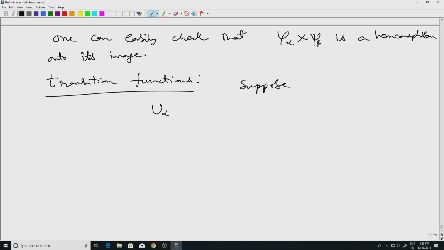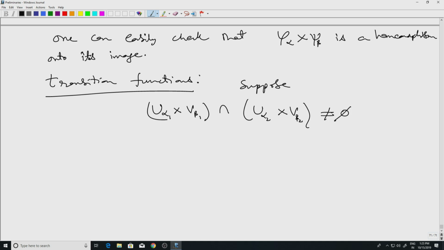Suppose U alpha 1 cross V beta 1 is one chart, and its intersection with U alpha 2 cross V beta 2 is not empty. This is the case where a transition function is even defined, and of course one has to write down the corresponding domain and so on, but the map itself is rather easy to write down.